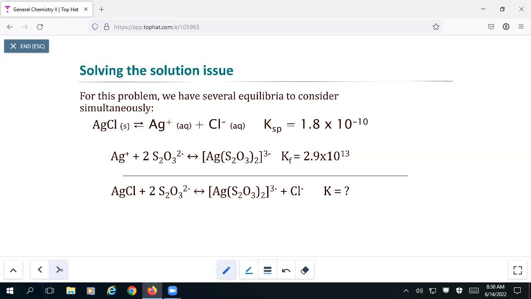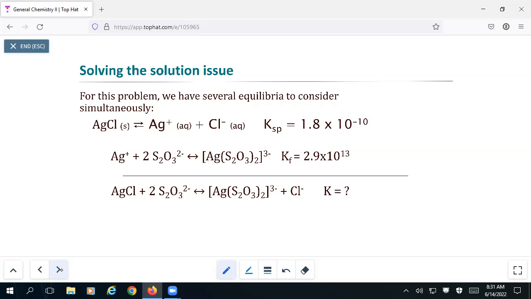That is the equilibrium constant associated with the dissolving or not dissolving of the silver chloride. And then you've got the complex formation constant, Kf, that shows the very high affinity for forming this silver thiosulfate complex.